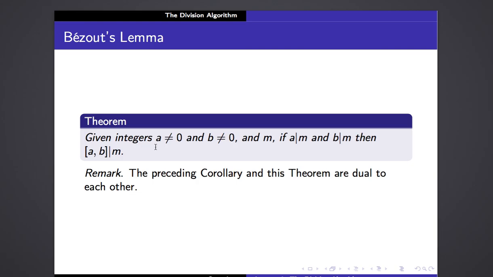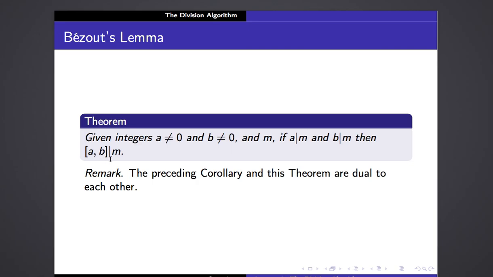Given non-zero integers a and b, and m, if a divides m and also b divides m, then the least common multiple divides m also.